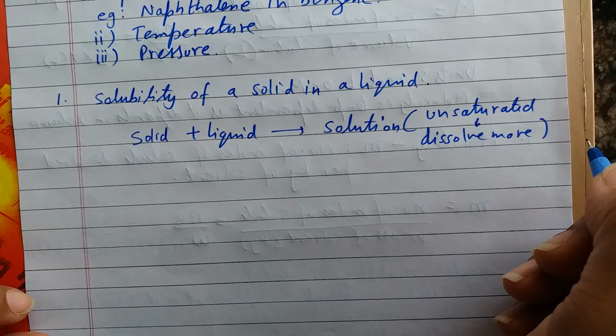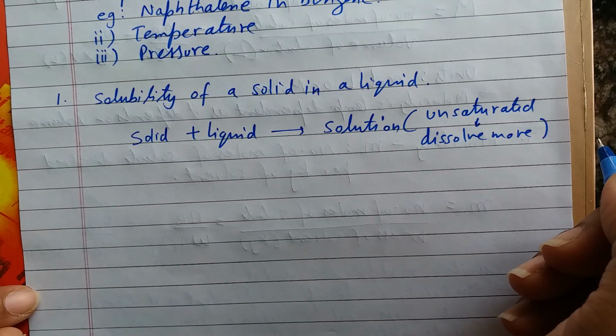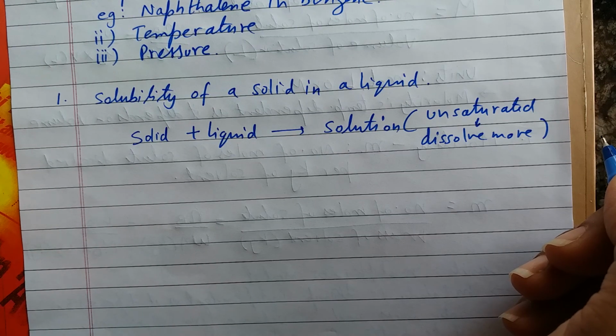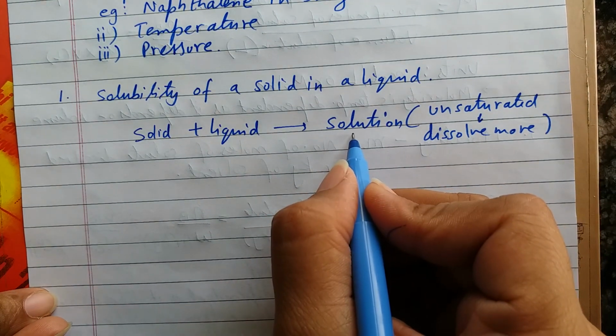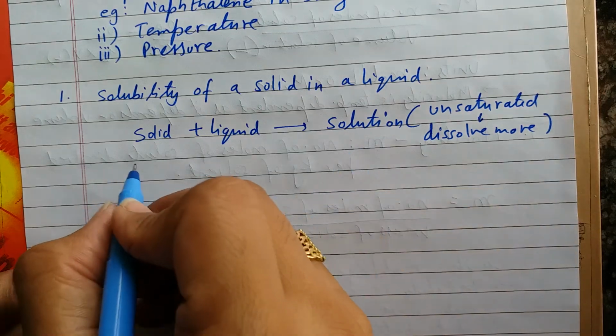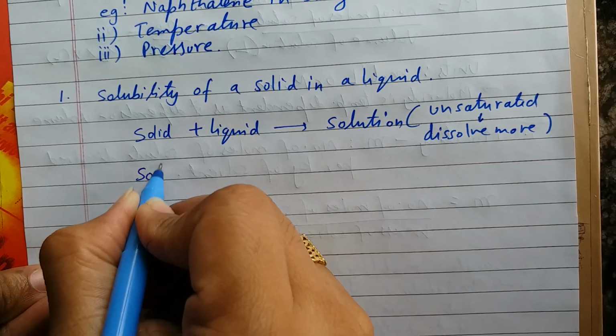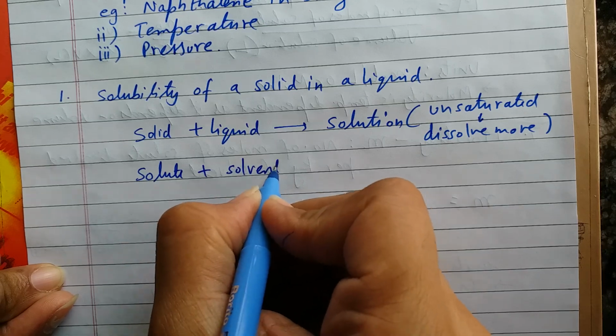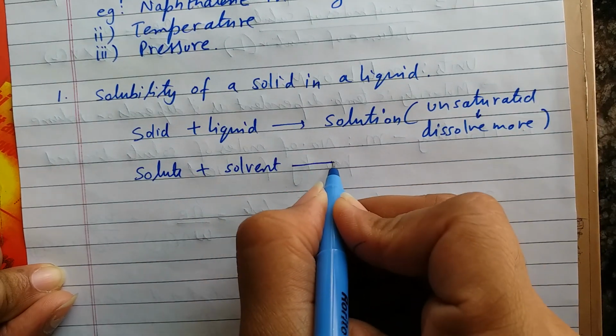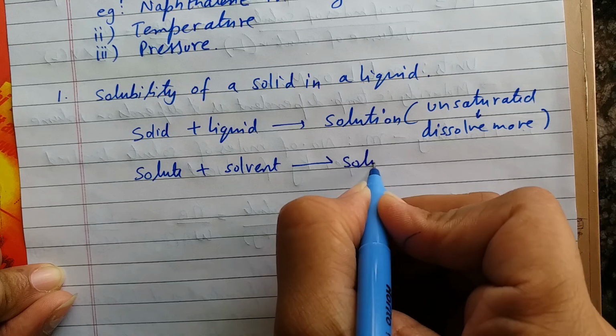So you kept on adding more and more of the solute, the solid, to the solution, and it was dissolving. A time will come when this solution will finally get saturated. Okay, so you have the solute which was added to your liquid solvent, and that was giving you the solution.